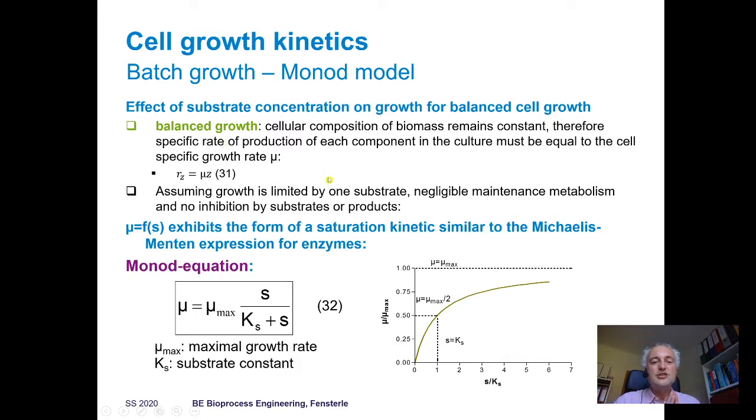Now if we assume that we have limitation by just one substrate, maintenance is negligible and we have no inhibition and so on, then we get a saturation kinetics, and the saturation kinetics goes in this equation.